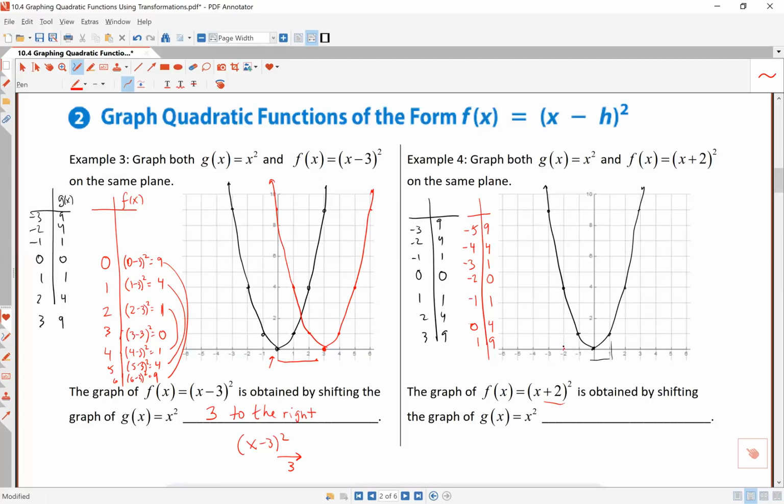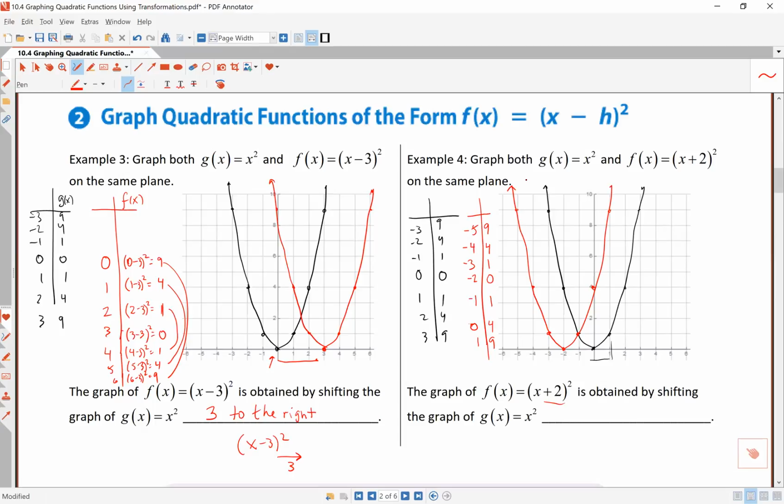So this one starts at -2, 0, -1, 1, and 0, 4, and 1, 9. -3, 1, -4, 4, and -5, 9. So over 1, up 1, over 2, up 4, over 3, up 9, left 1, up 1, left 2, up 4, and left 3, up 9.